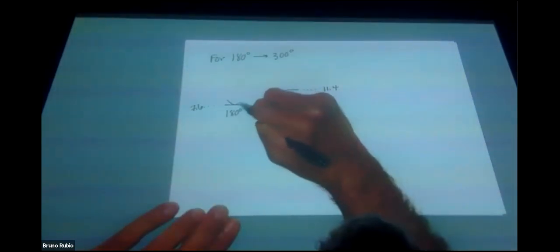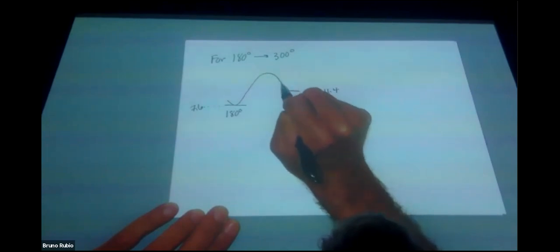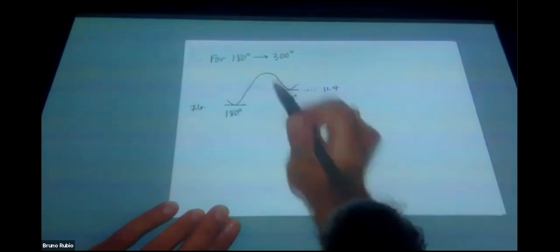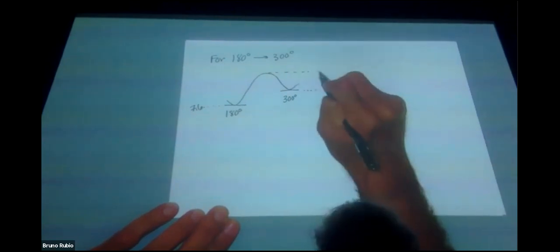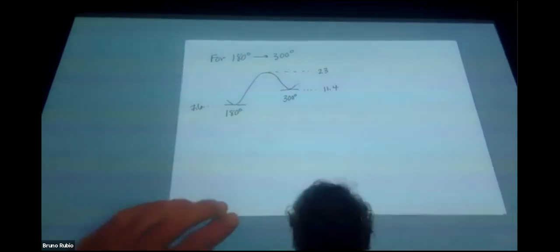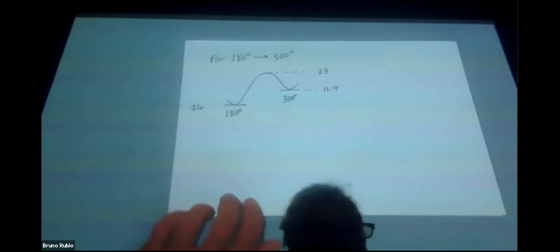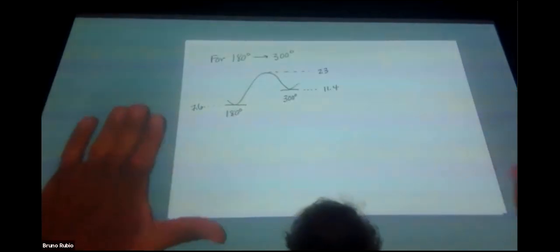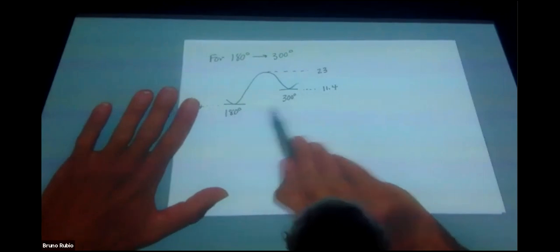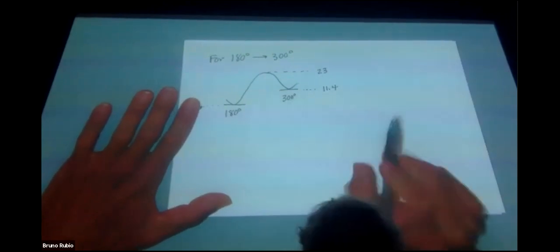But to go from the 180 to the 300, I had to go over this transition state, which was worth 23 kilojoules per mole. So this delta E double dagger, this activation energy, is the energy barrier that has to be surmounted in going from the 180 to the 300.